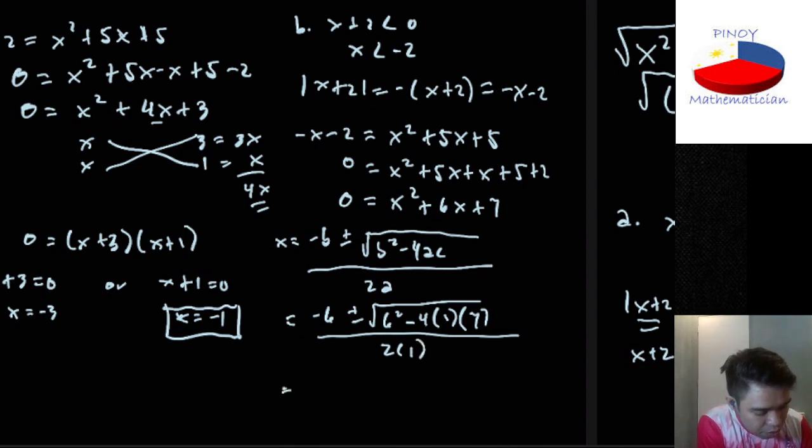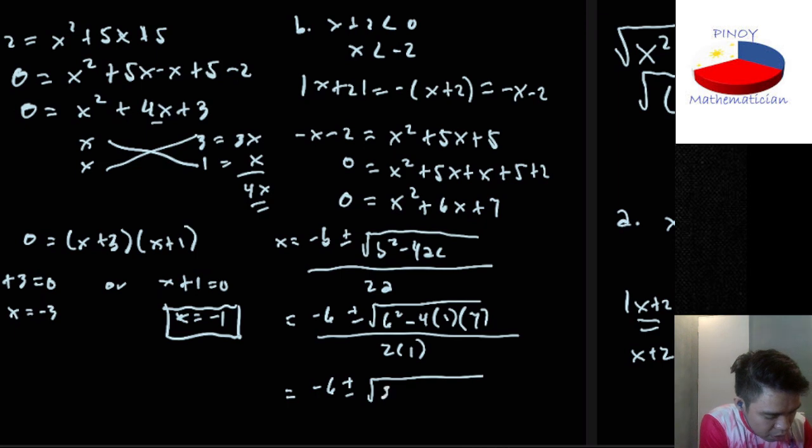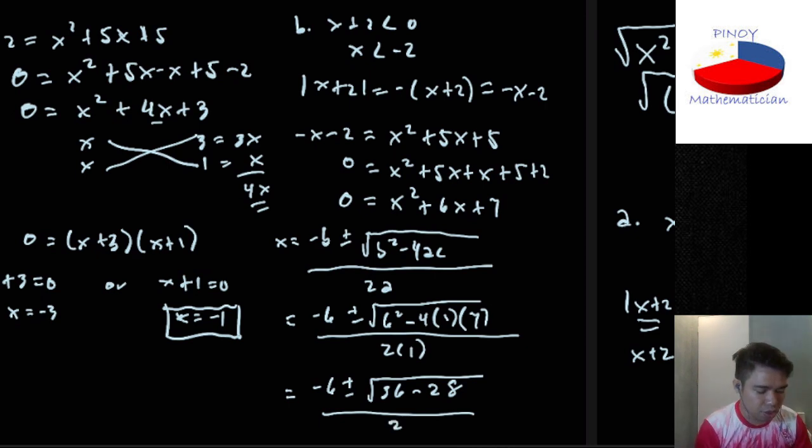So let's solve this further. It's going to be negative 6 plus and minus the square root of 6 squared, which is 36, and 4 times 7 is 28, all over 2 times 1, which is 2. We're going to transfer it to the next slide. We don't have enough space anymore.